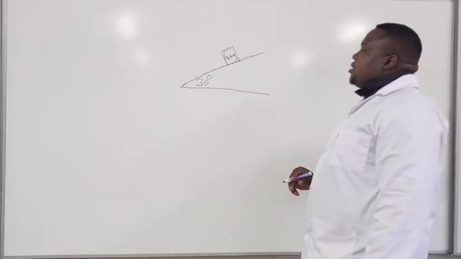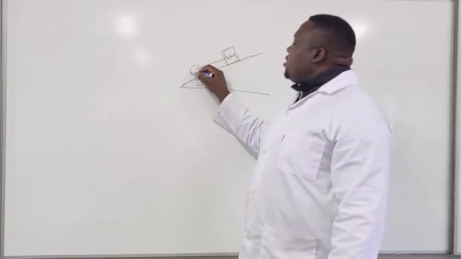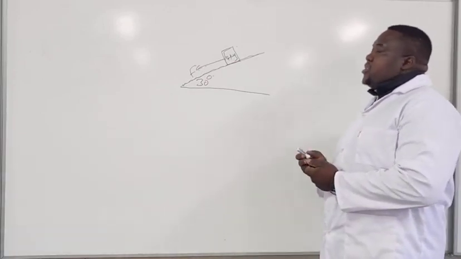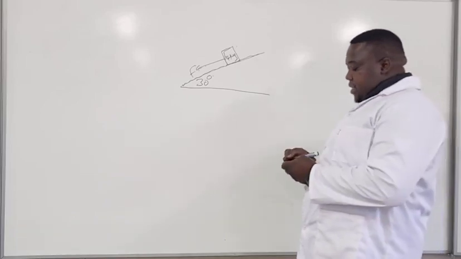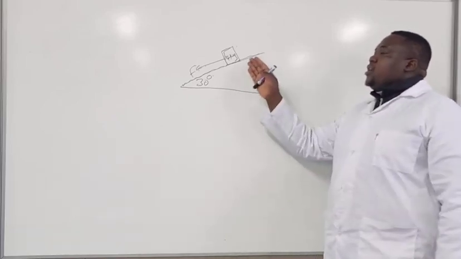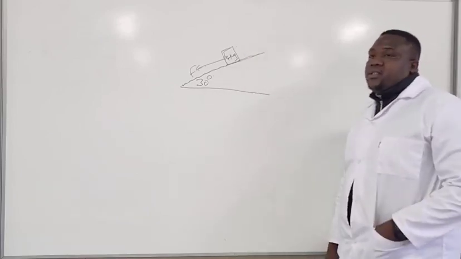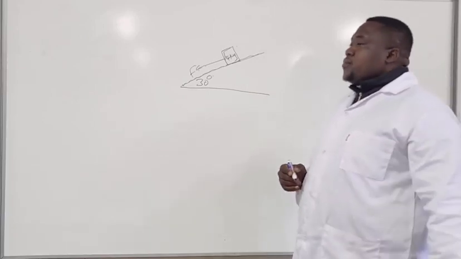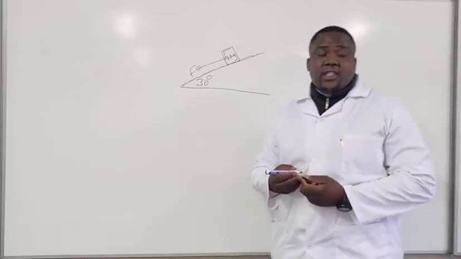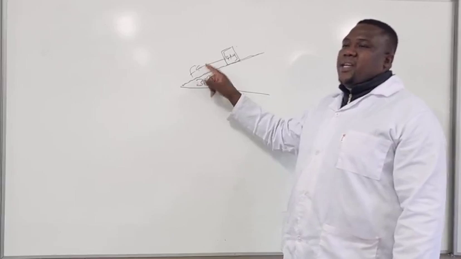This object is going down, so there is a force which is pulling it down, force F. Understand? So how do we represent this using a free body diagram? You can see there is force F which is pulling the object down on a rough surface. What you need to notice is that this object is moving down because there's a force that is applied.